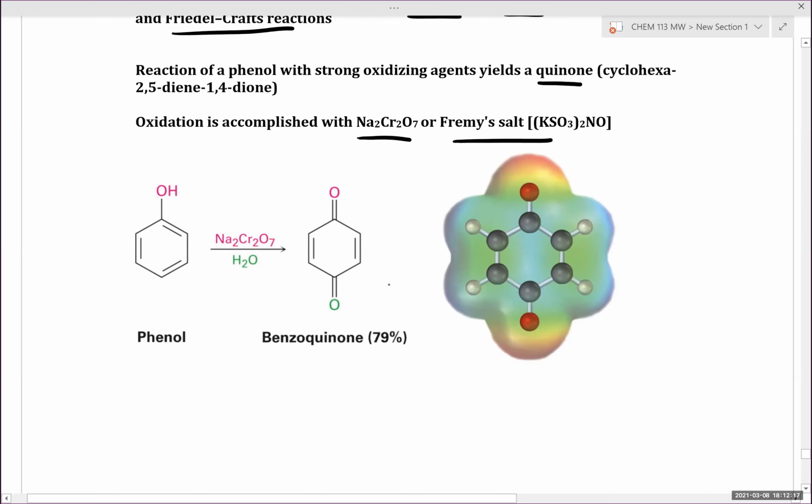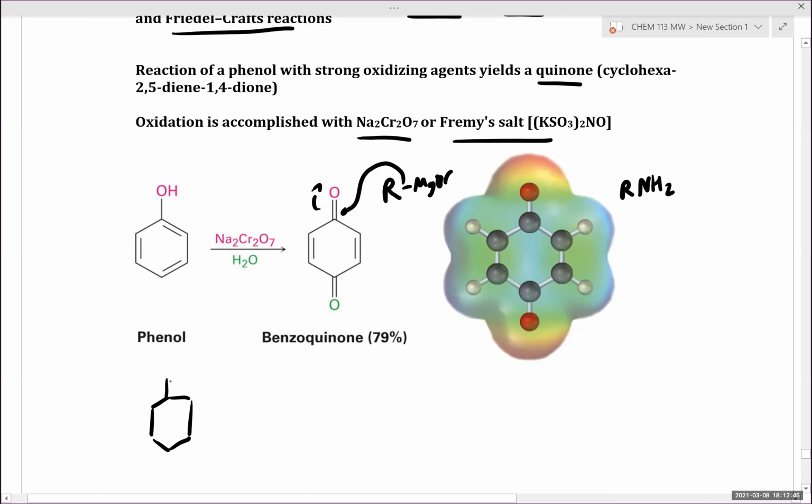So for example, from here, you can then treat it with a Grignard reagent. You can treat it with, for example, an amine to make an imine, which we'll see in subsequent chapters. So this quinone is a pretty reactive subunit that can be derivatized using a range of different reactions.